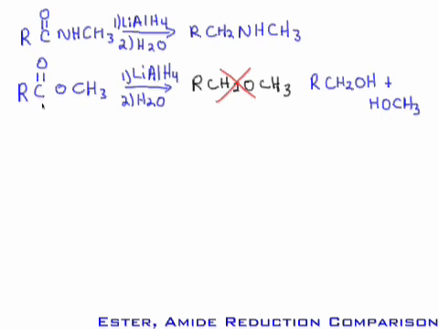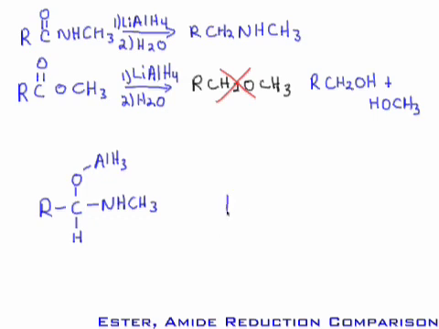In other words, in the amide case, I get as intermediate this guy, and he binds to AlH3.